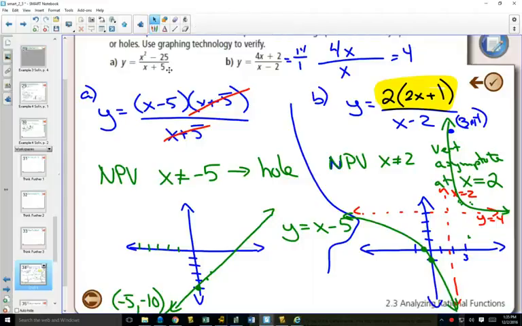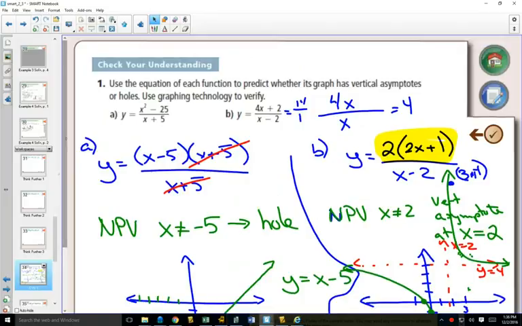Okay. Now, we were just supposed to talk about it. We could use a graphing calculator to see if our graphs show up like we graphed them, which is a good thing to do. Questions to practice after example 1? Question number 5.